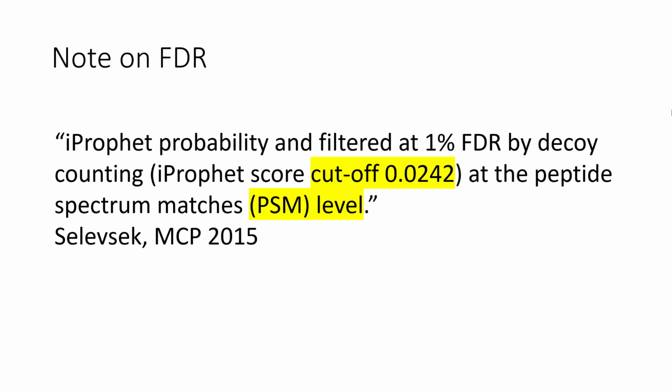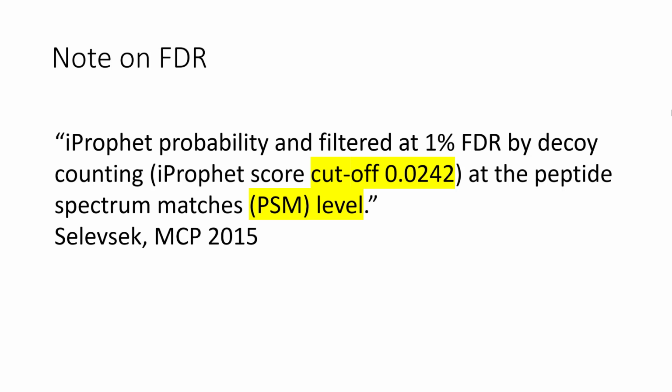So if I take 100 spectra that have been matched with this score, 97.5% of them are going to be false discoveries. And that, they say, is what they needed to get 1% false discovery rate, but 1% false discovery rate at the PSM level.